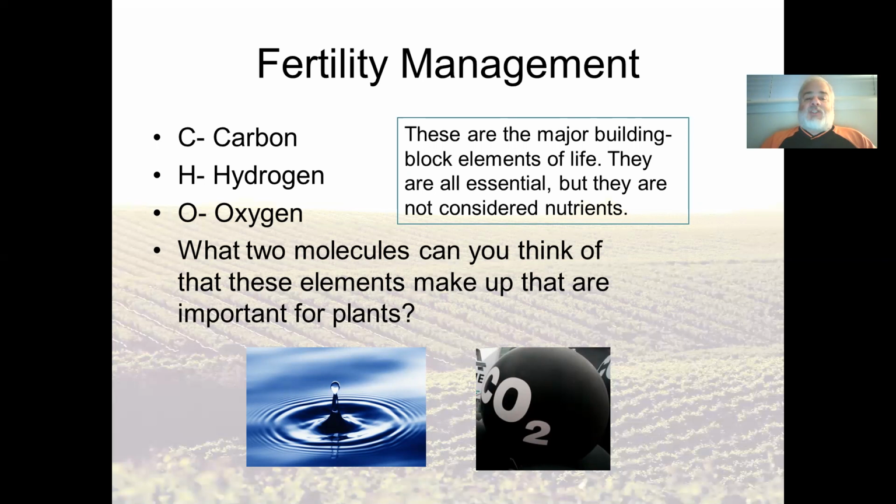Plants are the same. CHO, CHO. And the two major sources of that are water and carbon dioxide. Carbon dioxide gives carbon and oxygen. Water gives hydrogen and oxygen as well. The oxygen we breathe is another source of oxygen as well for plants and animal life.